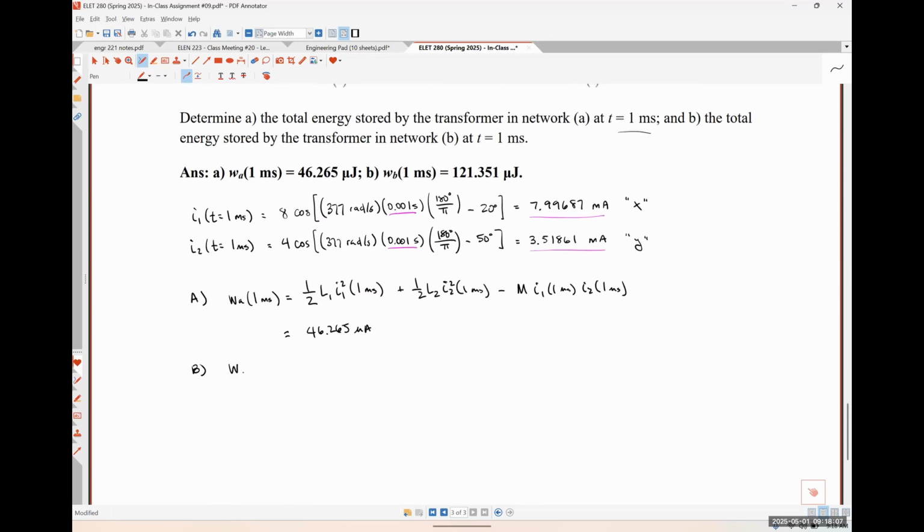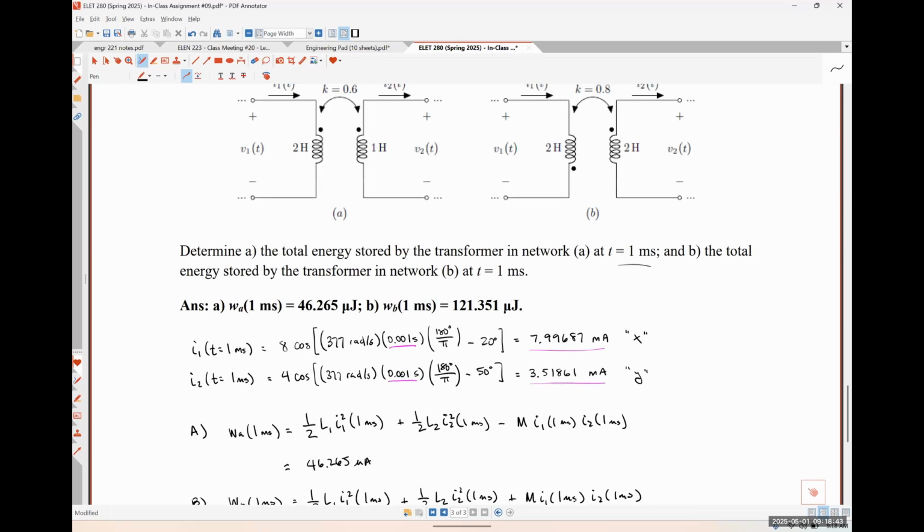So WB at 1 millisecond is going to be 1/2 L1 I1 squared evaluated at 1 millisecond plus 1/2 L2 I2 at 1 millisecond squared plus M I1 I2.